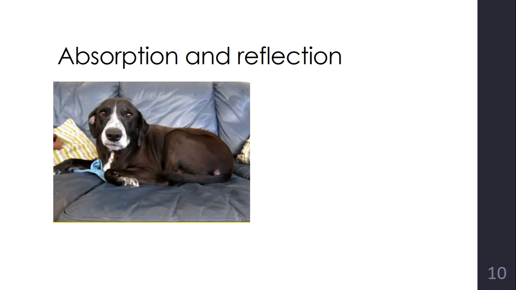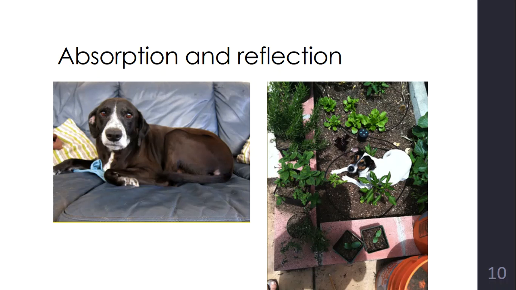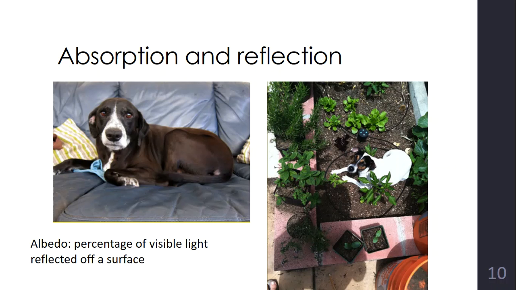And so when thinking about absorption and reflection, I'm going to use my dogs here. This is my dog, Millie, who's terribly cute. And this is my dog, Gertie. Millie really prefers to be inside on a hot day, and Gertie on a hot day wants to raid my garden and sit in the hot sun in the nice warm dirt.